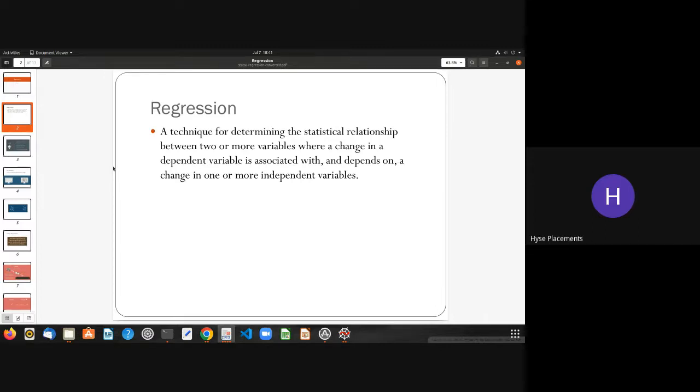Regression gives a real value, meaning a number. For example, take a data set with salaries and the respective positions. If you have reached level one, this is your salary. If you have reached level two, this is your salary, and likewise for level three.